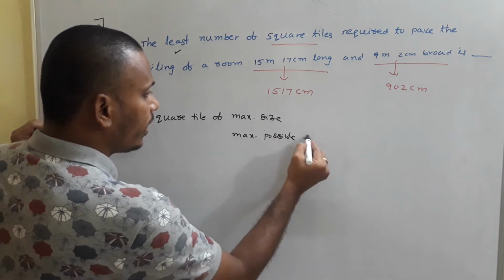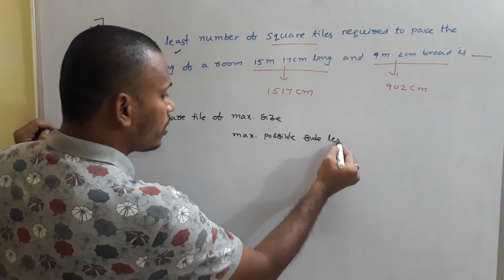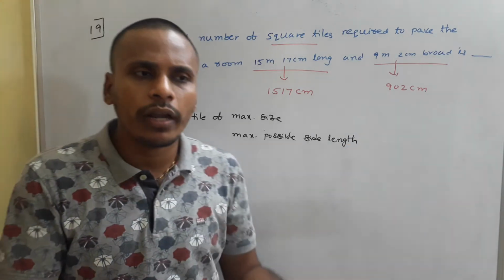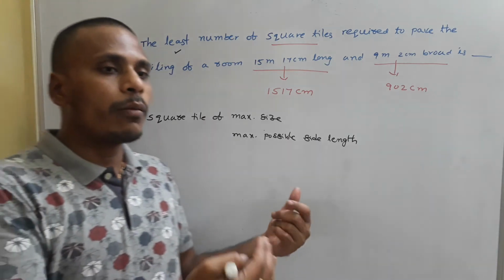If the size of the tile is maximum, then automatically you can use the minimum number of square tiles.